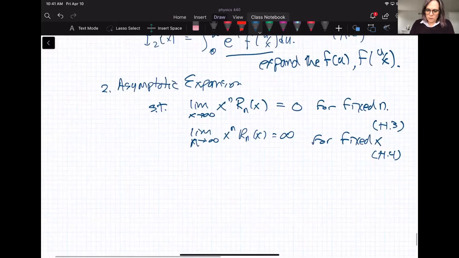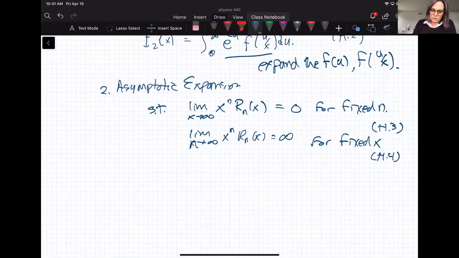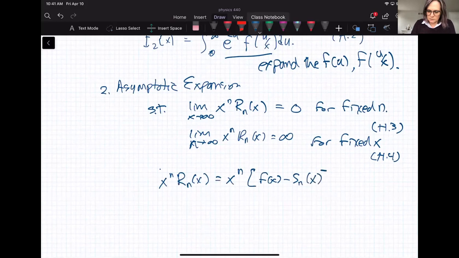I haven't defined what r sub n is. You can think of it as almost a remainder, where we're taking a power series and considering r sub n of x to be equal to x to the n times some f of x minus that partial sum of x, where s sub n then is that partial sum of a power series.